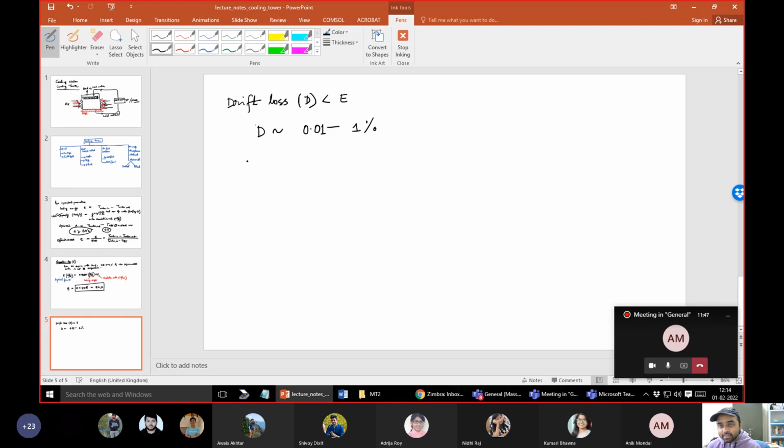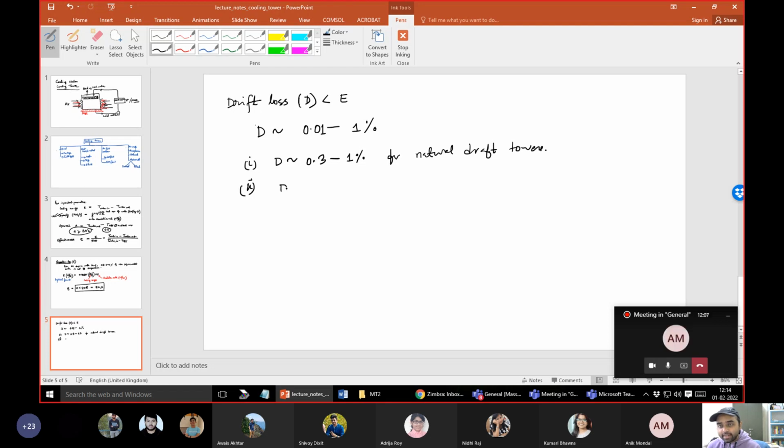So typically this D is 0.3 to almost 1% for natural draft towers, right?